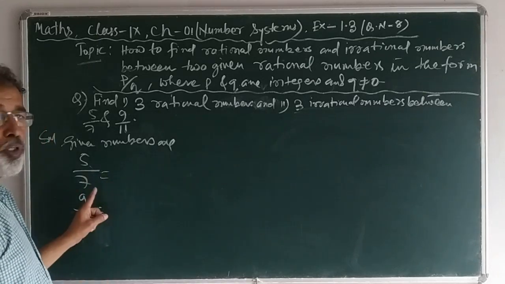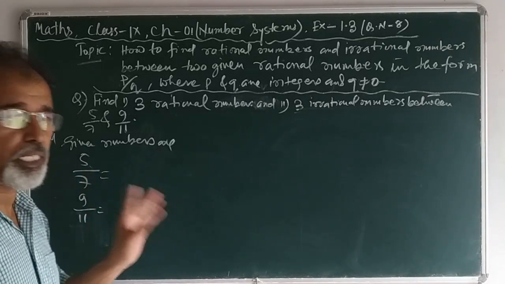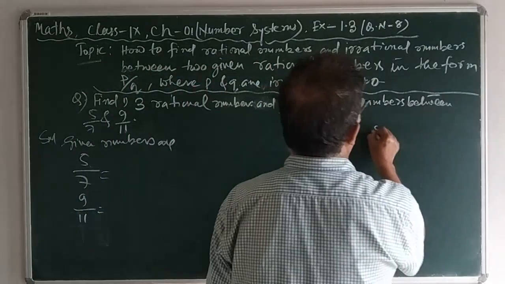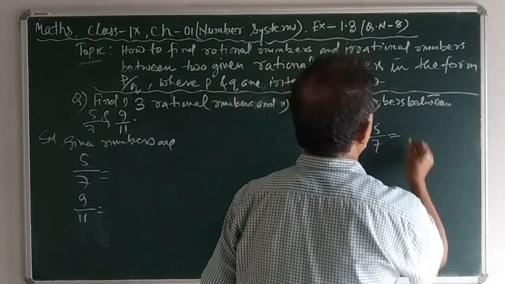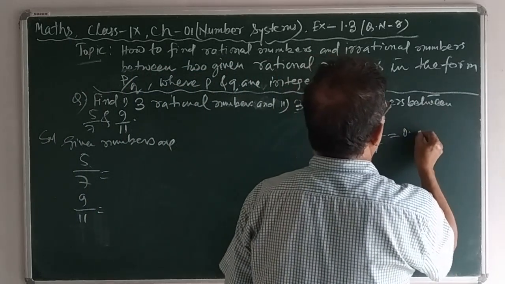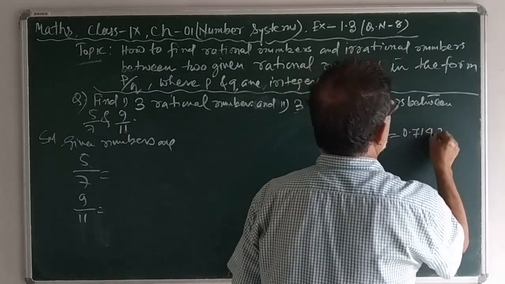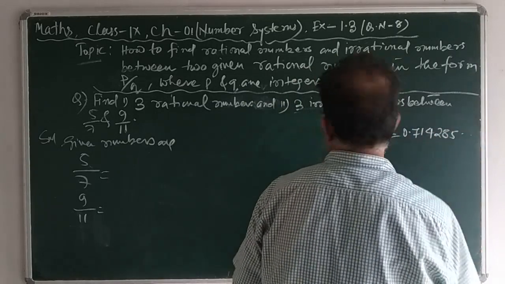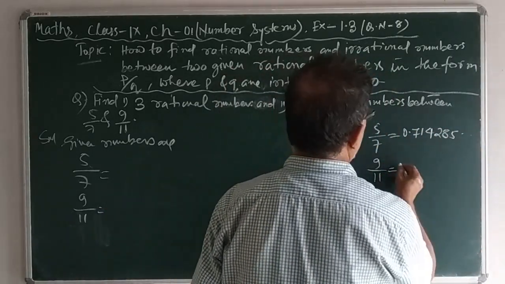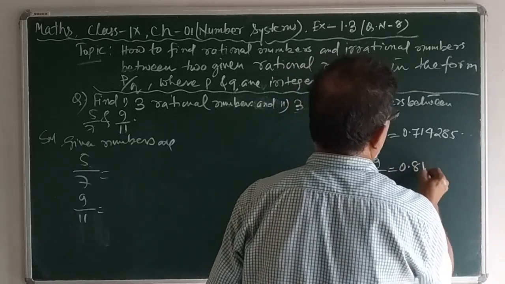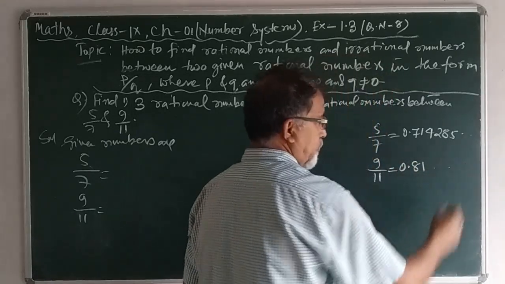First of all, I am going to express these two numbers in decimal expansion. When you divide 5 by 7, you will have 0.714285 dot dot dot. When you divide 9 by 11, you will have 0.818181 dot dot dot.